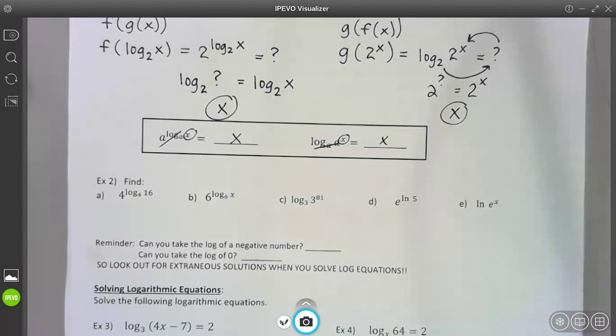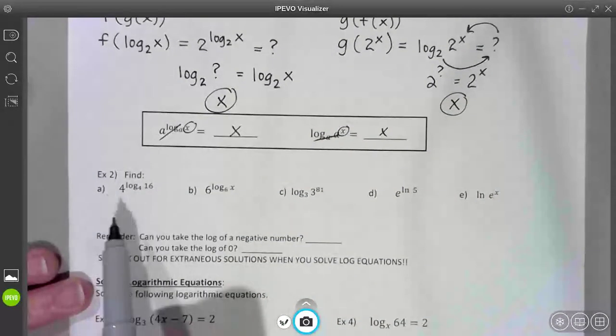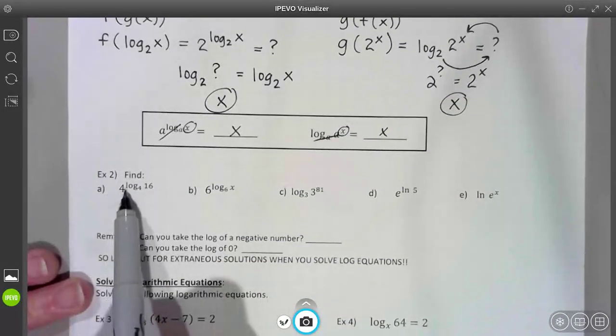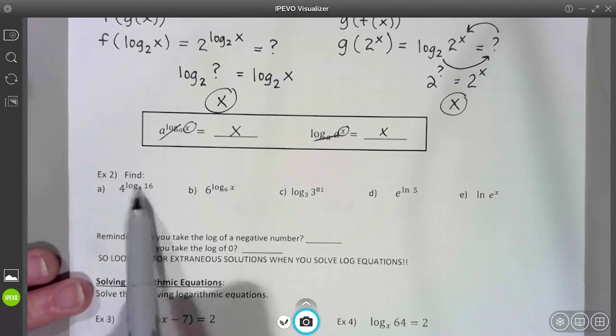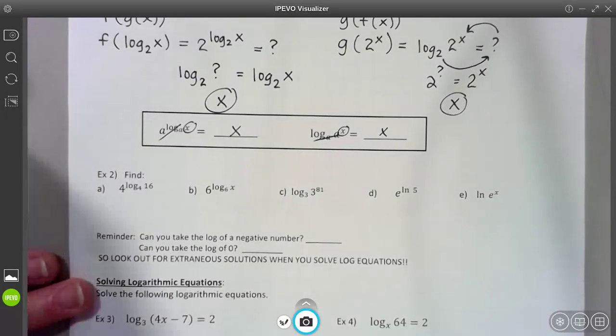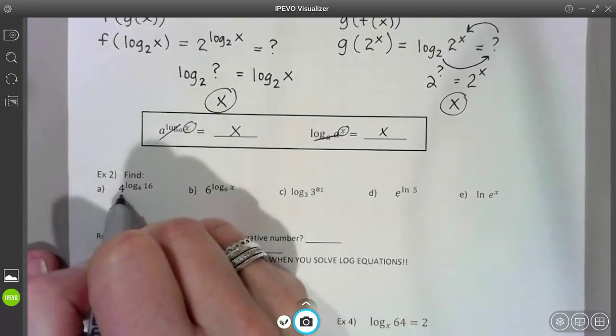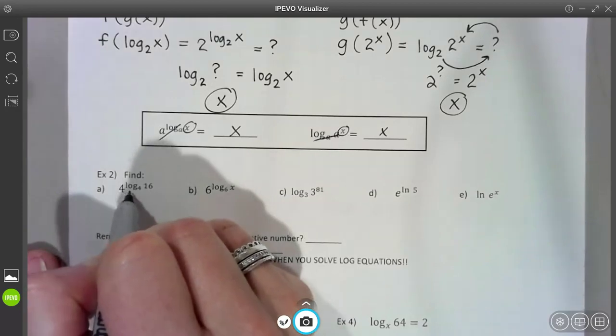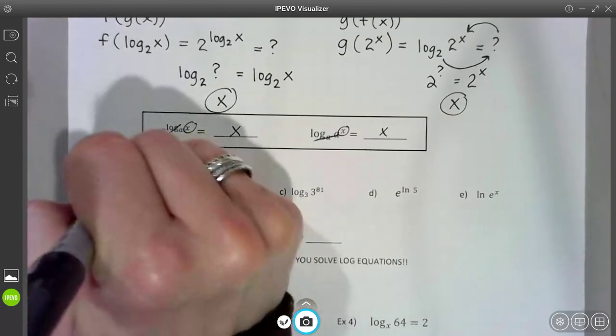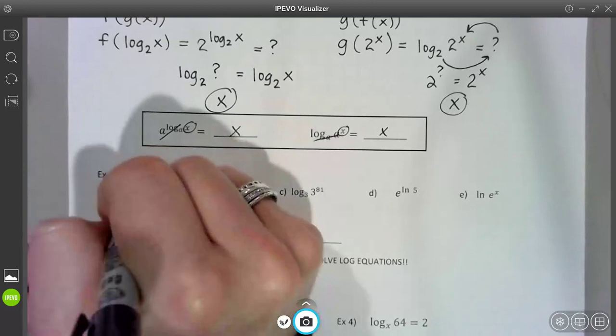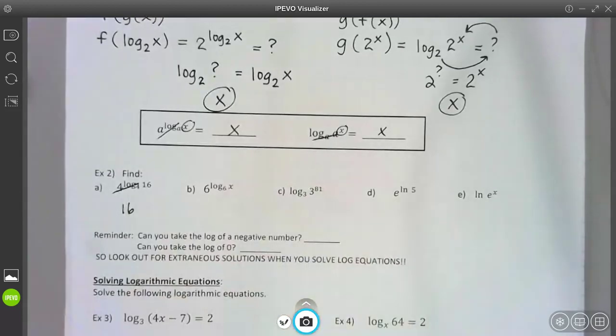Okay? All right, so look at here. If they ask you to find what's 4 raised to the power of log base 4 of 16, guys, think about this. What does a base 4 exponential raised to a log base 4 do? It cancels, and it leaves you with 16. So we're going to be able to use this to undo things. All right?